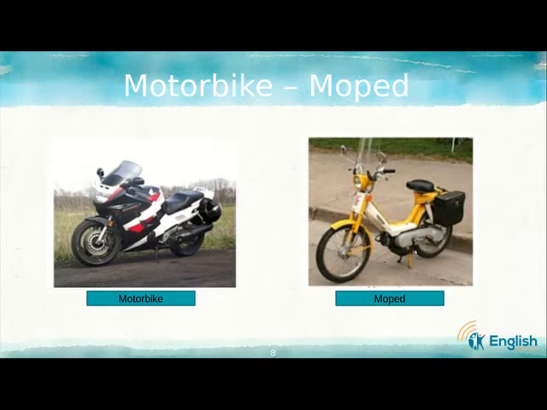What's a moped? The word moped originally referred to a type of small motorcycle with both a motorcycle engine and bicycle pedals. But now we don't have the bicycle pedals, you don't pedal it, you have a motor in a moped.